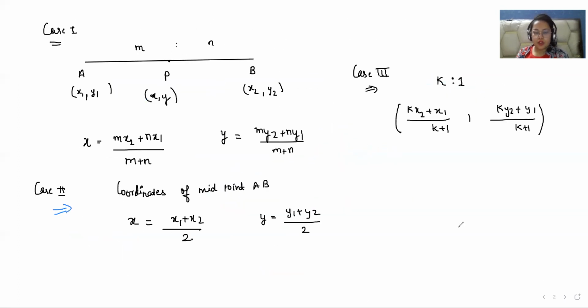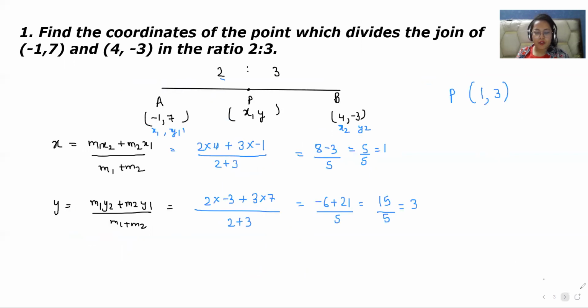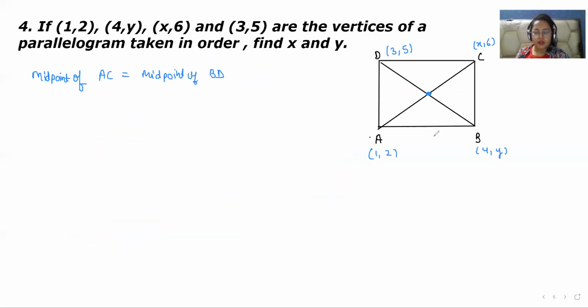We apply this for x, for this coordinate. So x1 plus x2 over 2. If I take AC, x1 is 1, x2 is this x, over 2, and comma, for y, y1 is 2, y2 is 6, over 2.